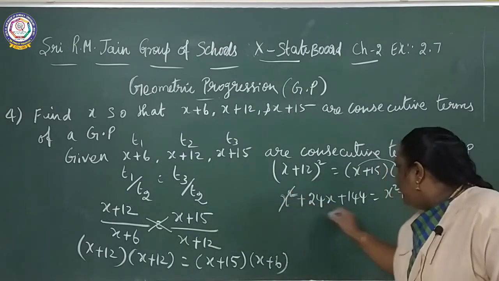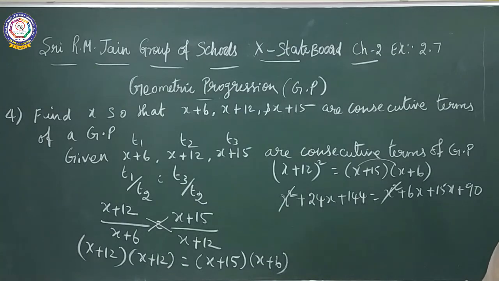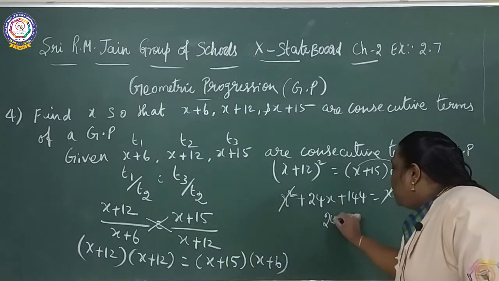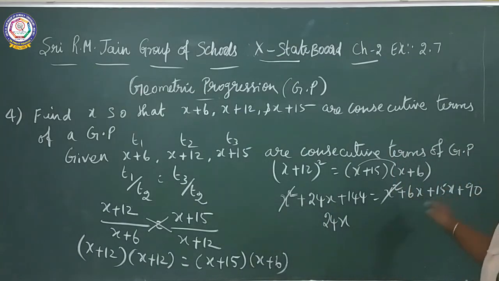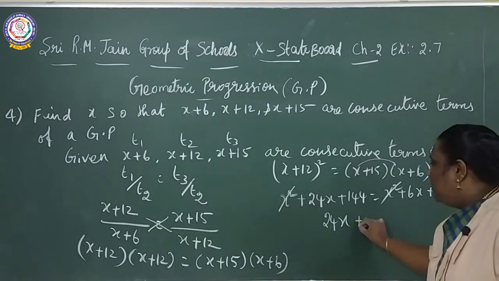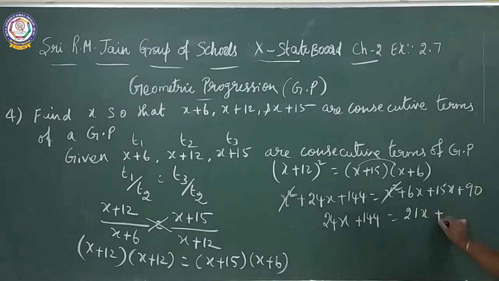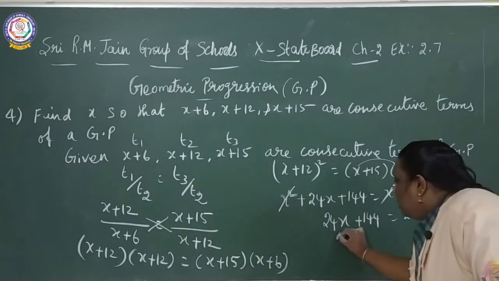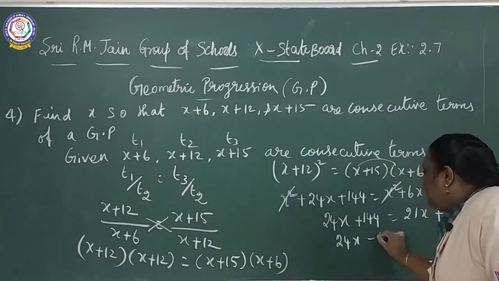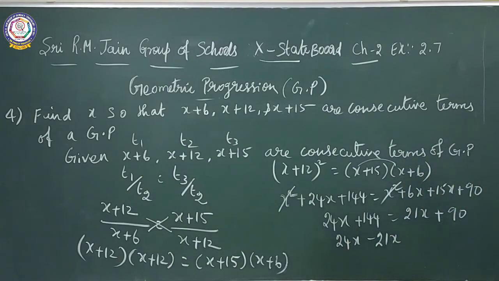So x square gets cancelled. 24x plus 144 equal to 21x plus 90. So 24x minus 21x, bring it to this side, equal to 90 minus 144.